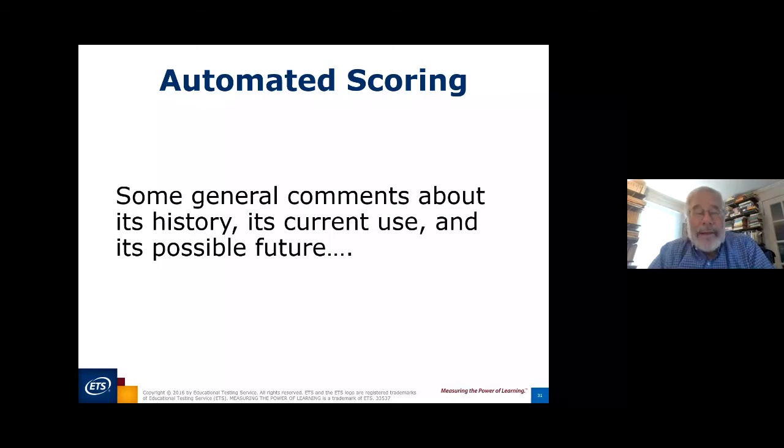They're doing something like that. So they can be fooled fairly easily. What we do for our high-stakes programs, however, is that every essay is also read by a human, and that keeps fabricated responses that aren't really any good, which might get a high score from a computer, from getting a high score, because the human overrides that.